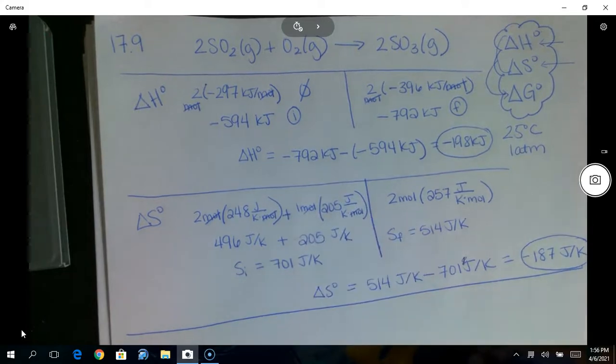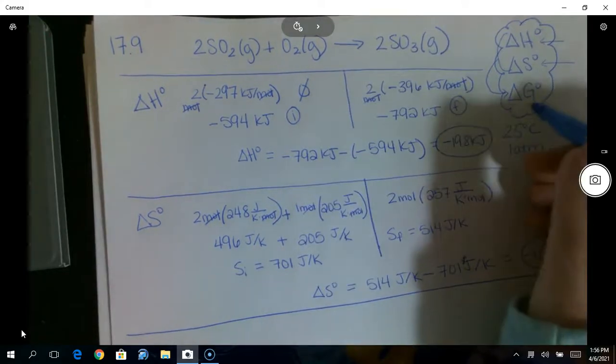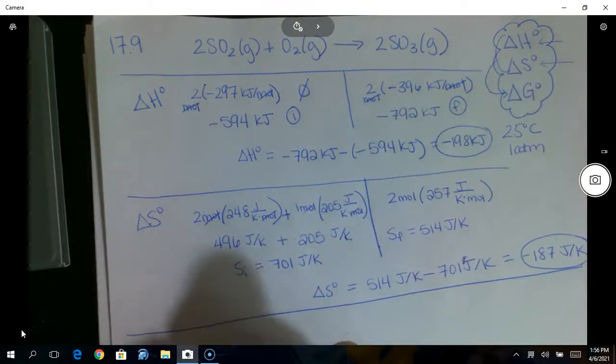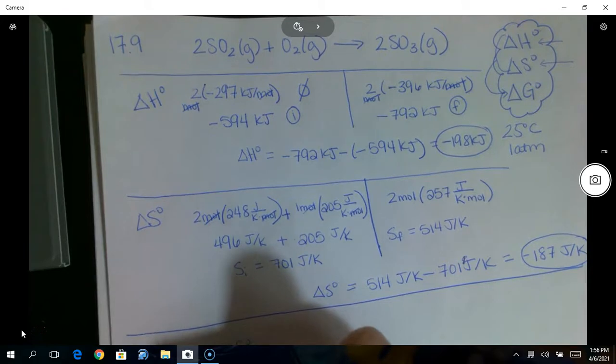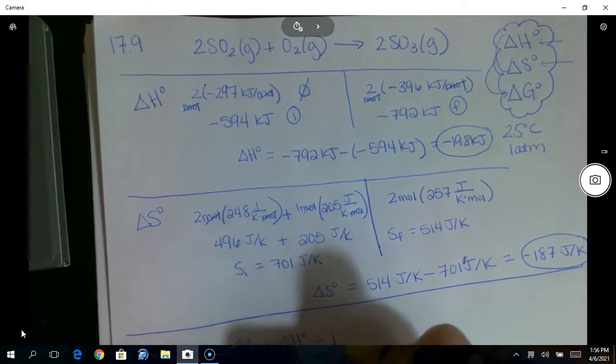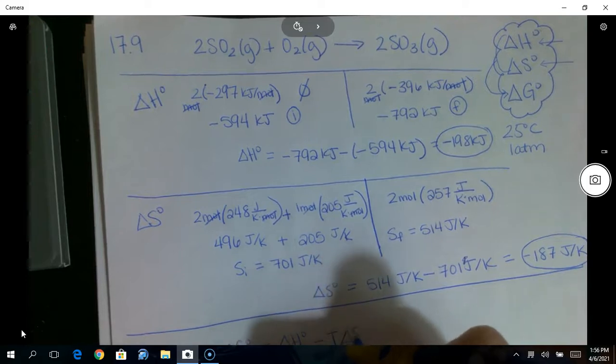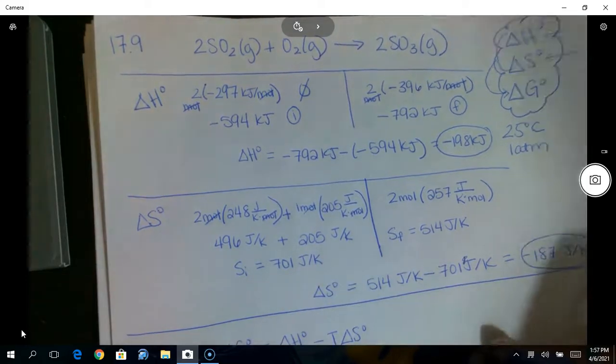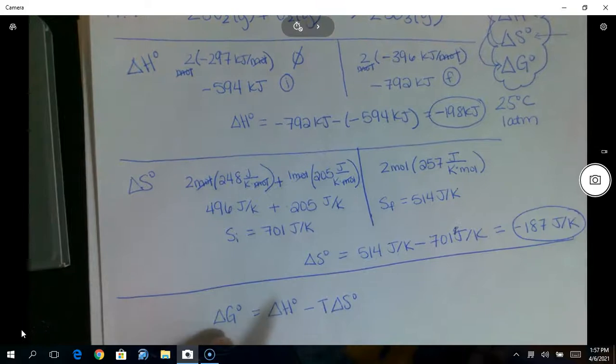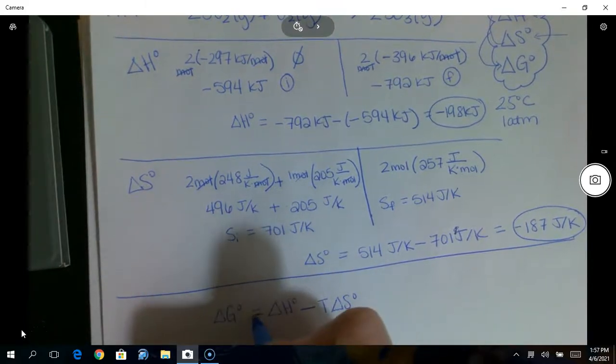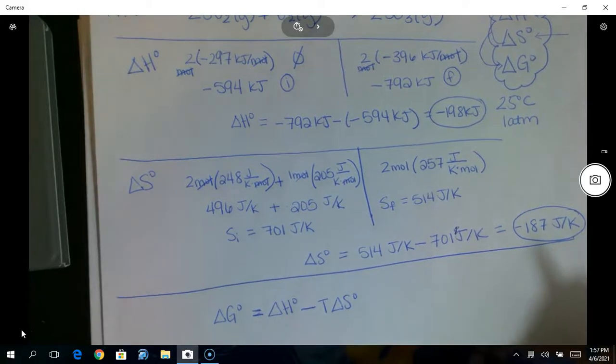All right, so the last bit is to find change in Gibbs free energy. To do that, we have this equation. So this is on your equation sheet, I'm sure, but if not, make sure you memorize it. It's always good, though, to just know equations, because if you have to look it up, you might get a little confused.